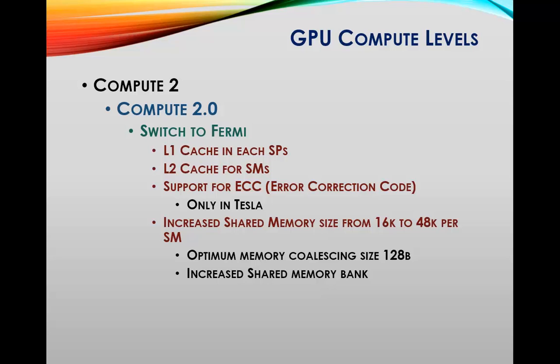Also, you've got your L2 cache, which is a unified cache that is shared and provides a consistent view for all of your streaming multiprocessors. And again, this is hugely important, because as a programmer, you have no access to how your thread blocks are going to be allocated and assigned to streaming multiprocessors.